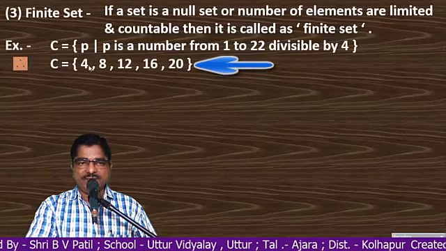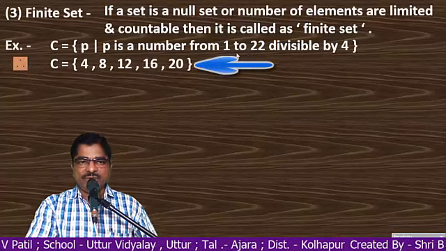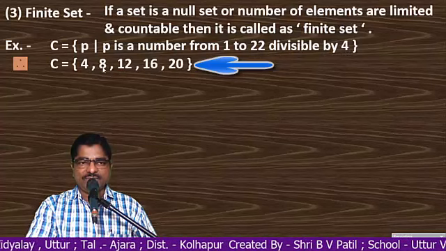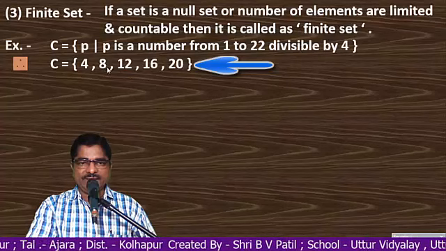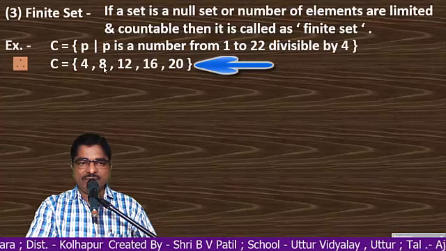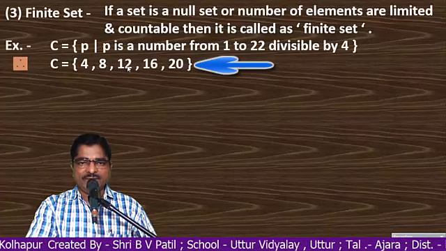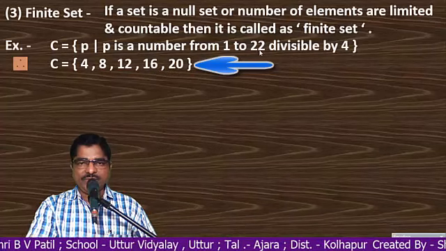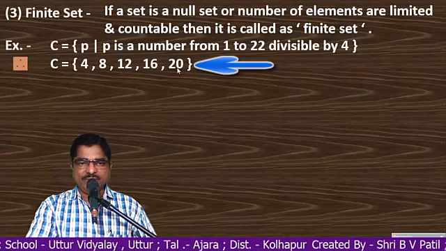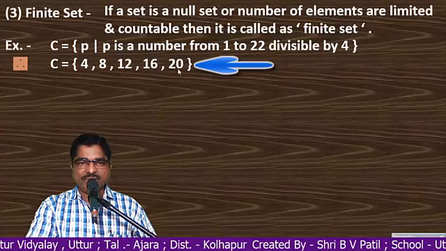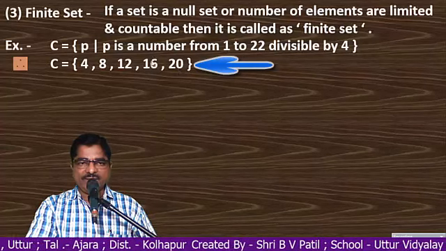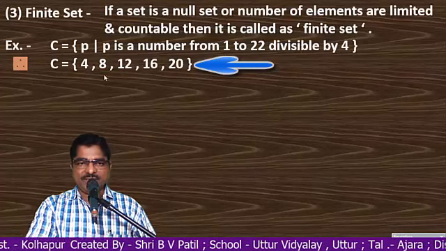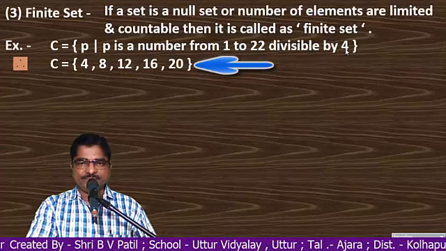Therefore, C is equal to, we want numbers divisible by 4, means 4, then 8, 12, 16 and 20. Up to 22, means below 22 is 20 and greater than 1 starts from 4. These are the numbers which are divisible by 4.